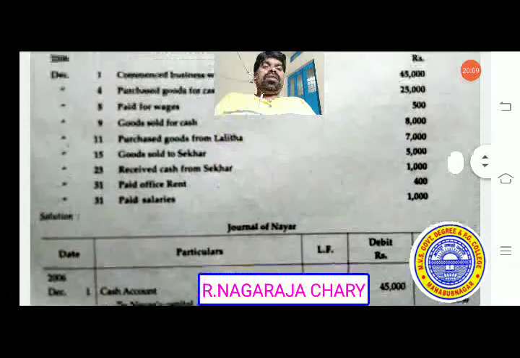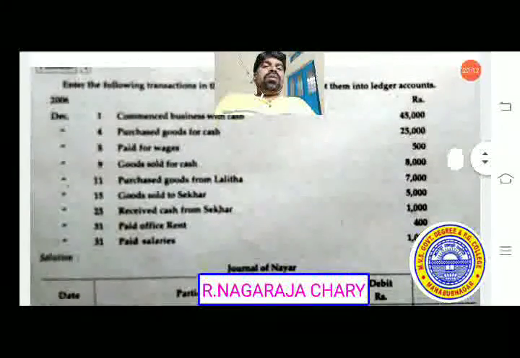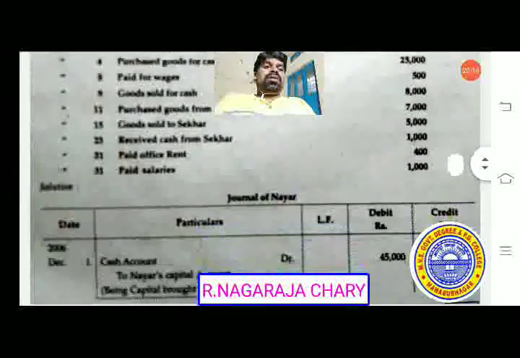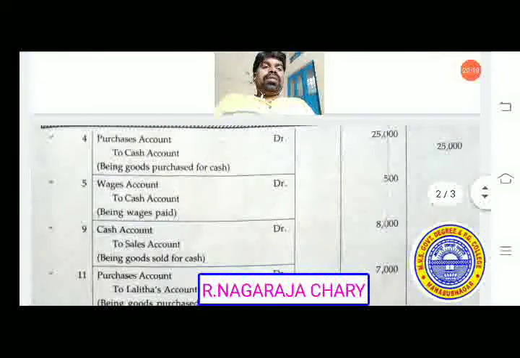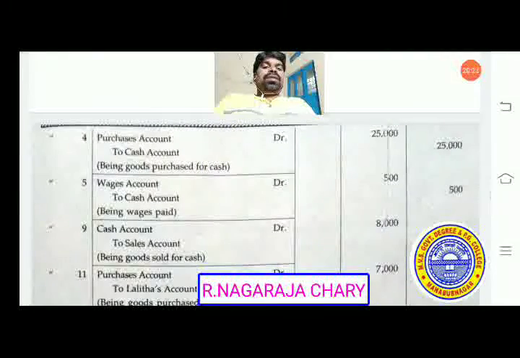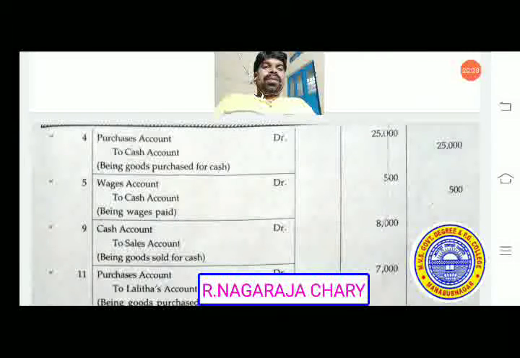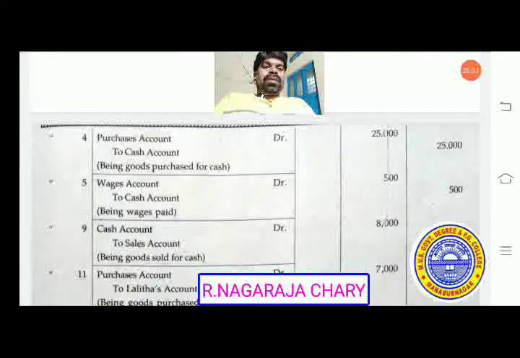For this we have to write a small description, that is, being capital brought into business. Second one, purchased goods for cash, that is 25,000 rupees. On the fourth date, purchase. According to nominal accounts, all expenditure, expenses and losses should be debited, and incomes and gains are to be credited.